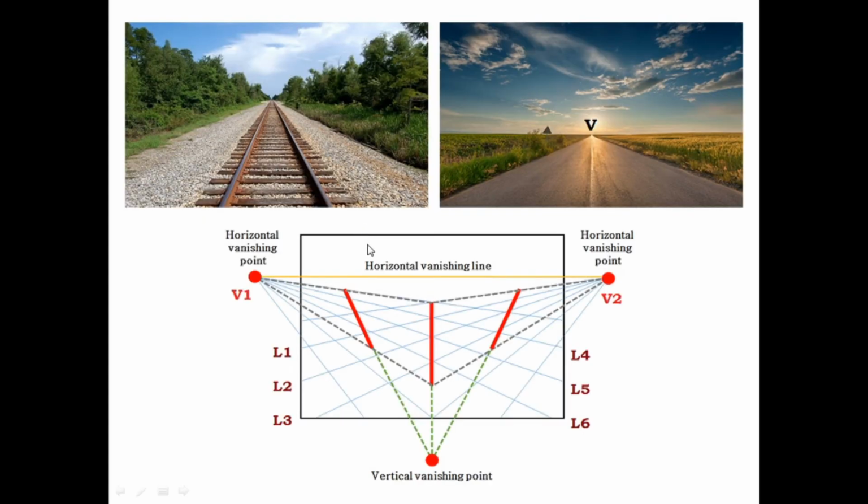So what does the vanishing point mean here? At infinity, there is some object in this 3D environment. If the 3D environment is projected onto my image plane, I get one image point, and this image point is nothing but the vanishing point.